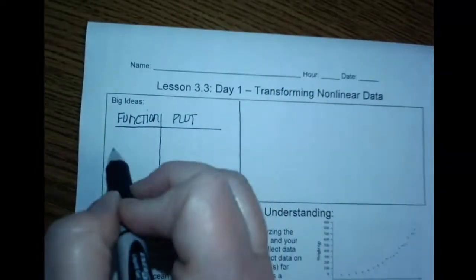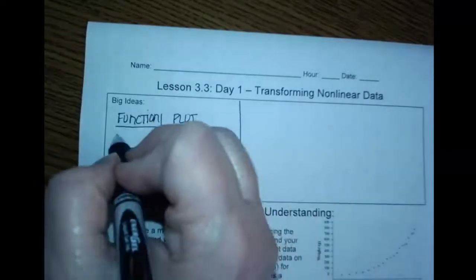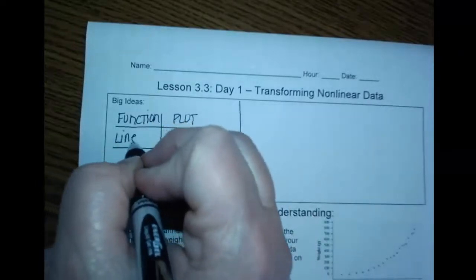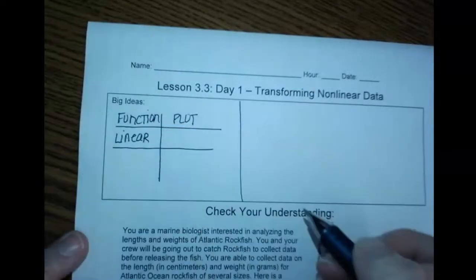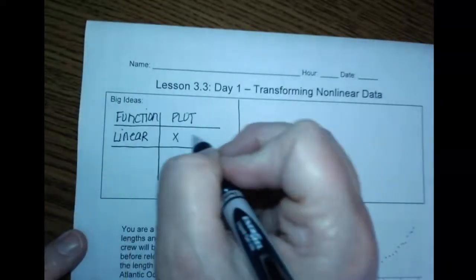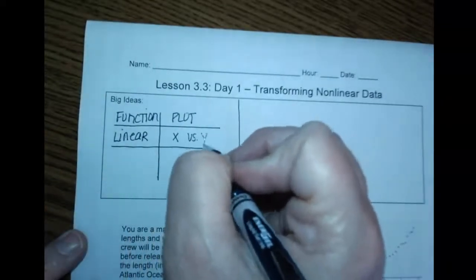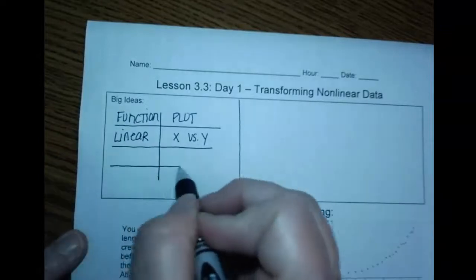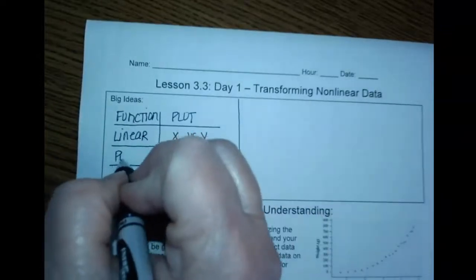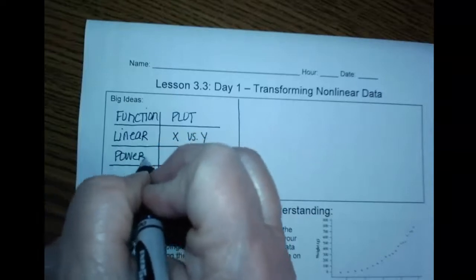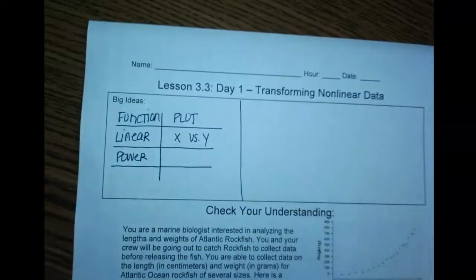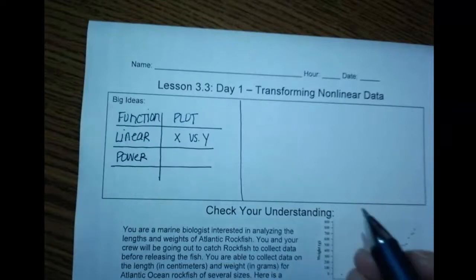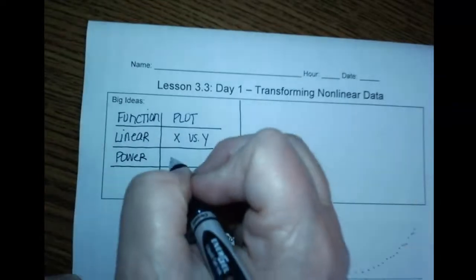Okay, so we could have a linear function. That's what we want. Everything we do in AP Stats needs to be about a line. And that's just X value versus the Y value, okay? Then there's something called a power function. So that's like what we would have done on the very front, and that's where you're taking the log of both sides.